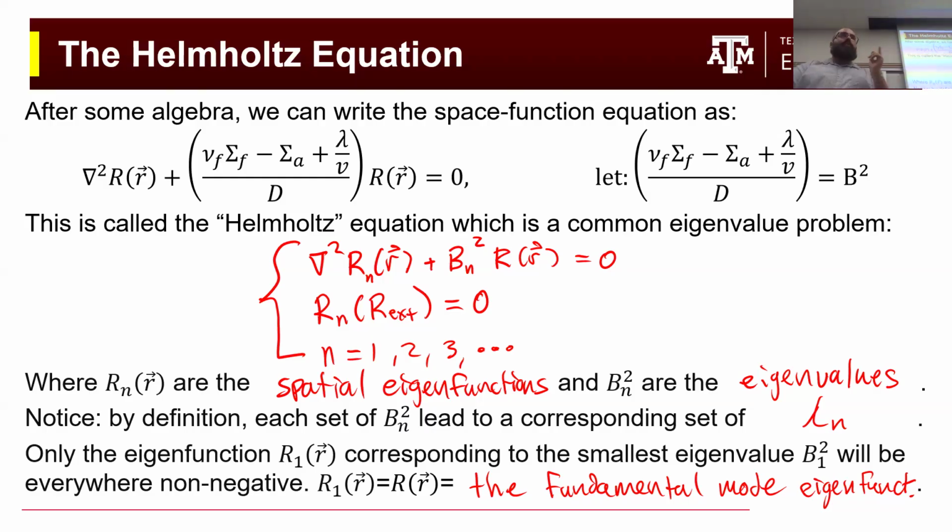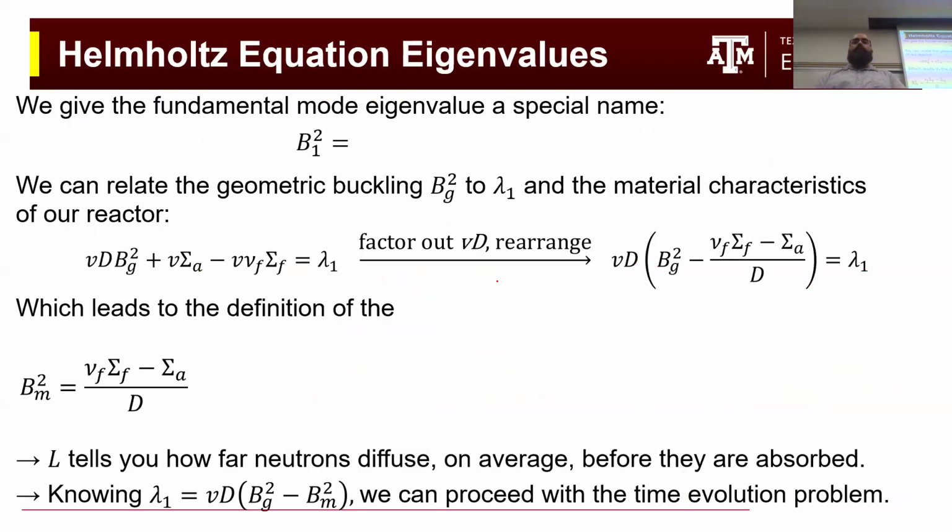B1 squared, the corresponding eigenvalue, also has a special name. We will often call that BG squared, and BG squared is the geometric buckling.